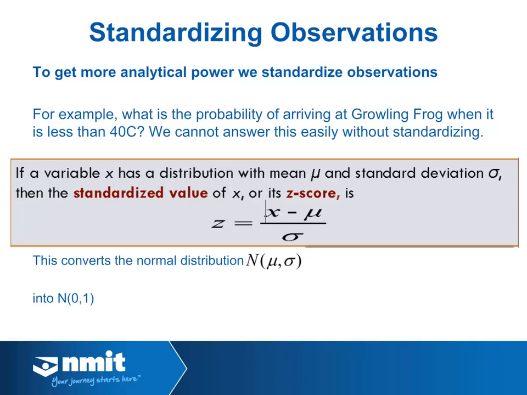Once we've standardised them, we can use these conveniently pre-created tables, which someone has done some very hard mathematical work to create, and for any value of z we can get the probability of a data value being less than that. Let's see how it works.